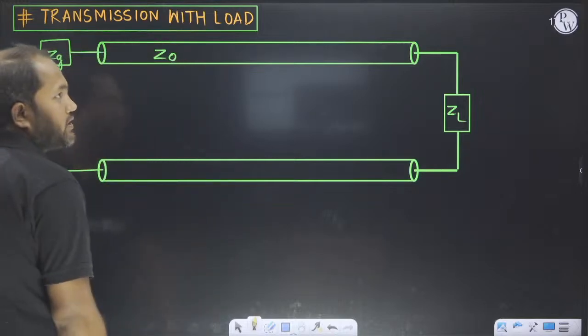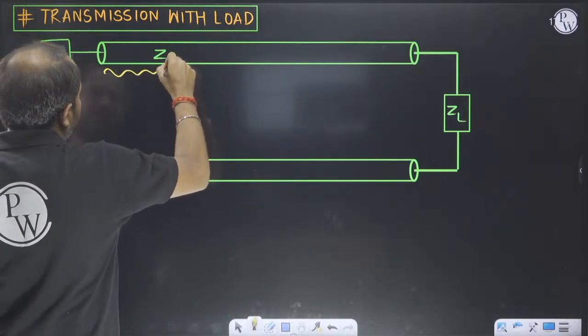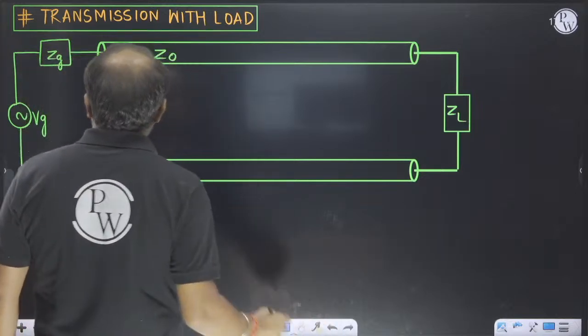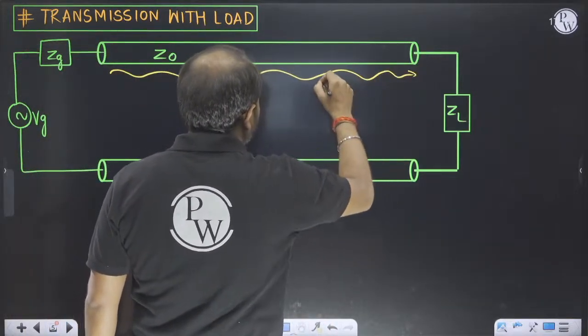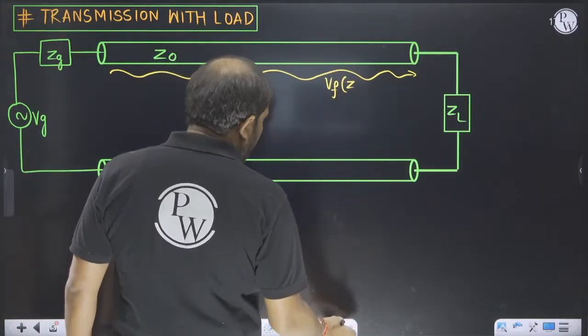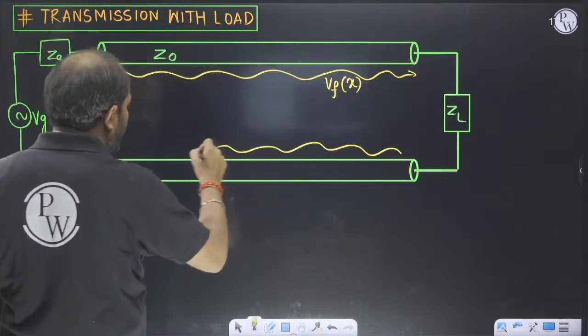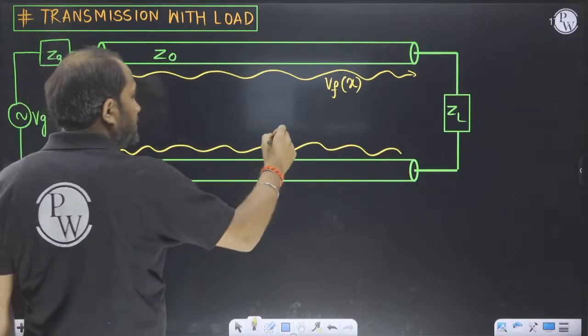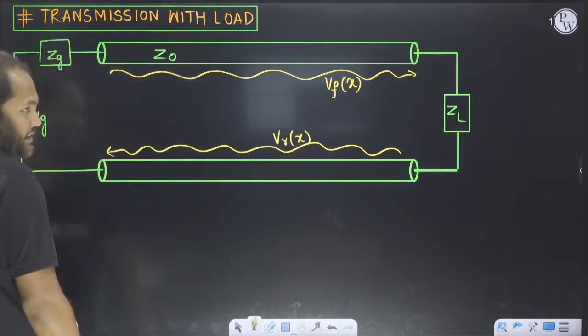Then we are going to discuss a voltage wave traveling in this direction, and a voltage wave traveling in this direction. That is the forward voltage, and it is a function of x. And there is a voltage wave traveling in this direction, that is the reverse voltage, also a function of x.